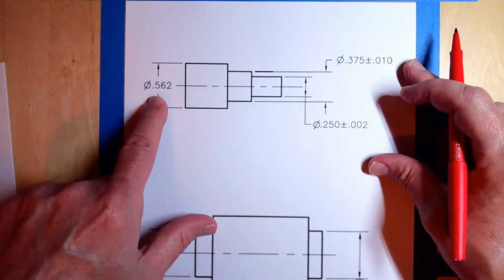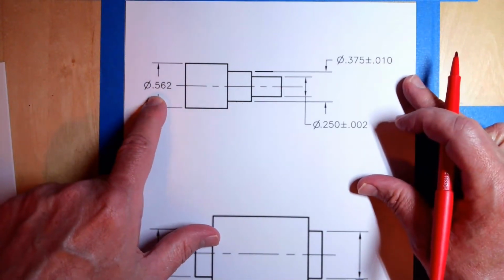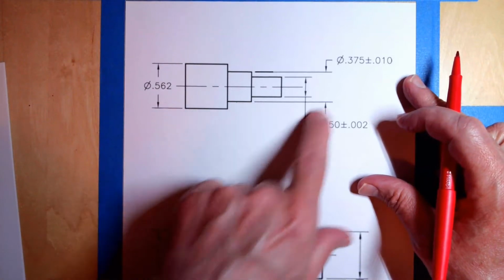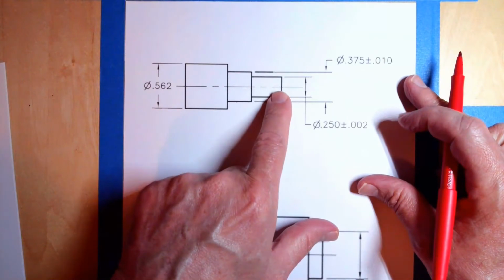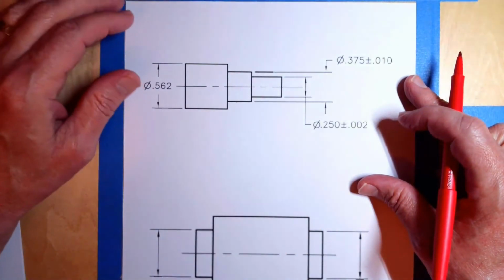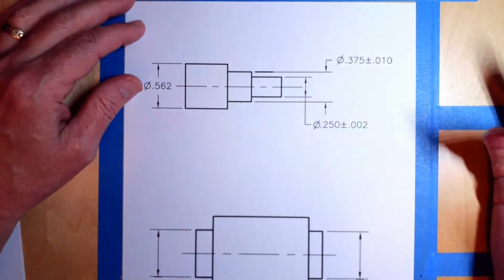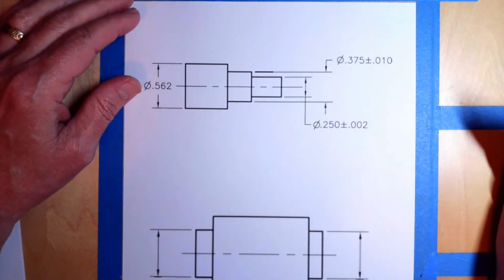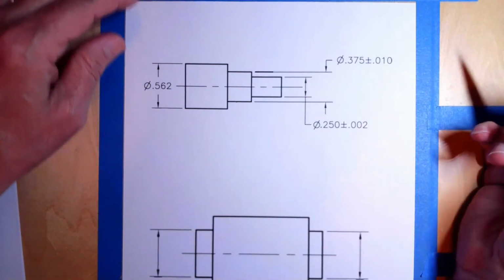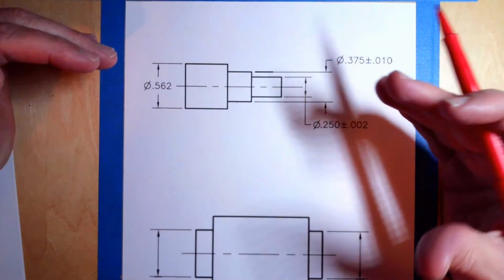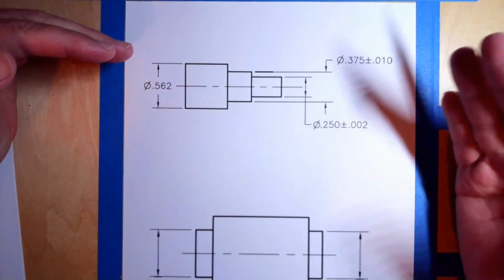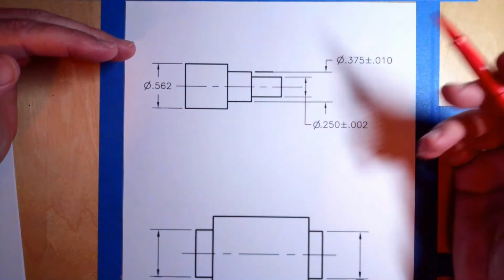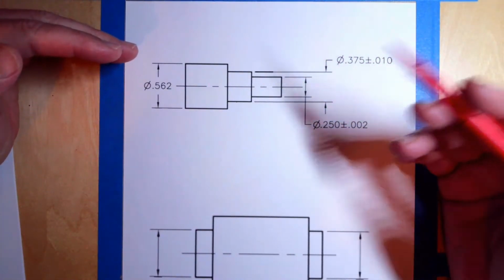You can see diameter 562 on the left-hand side, and then 375 in the middle, and 250 on the right end. And what we want to do is apply a runout control, or a runout tolerance, to this. Because runout is a surface tolerance, we're able to apply it to a surface by using a leader.